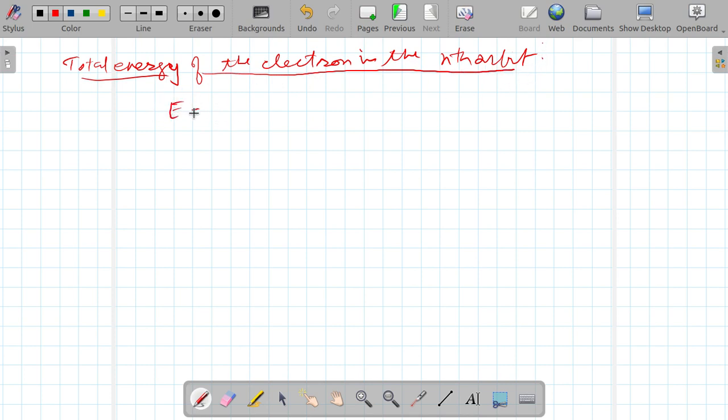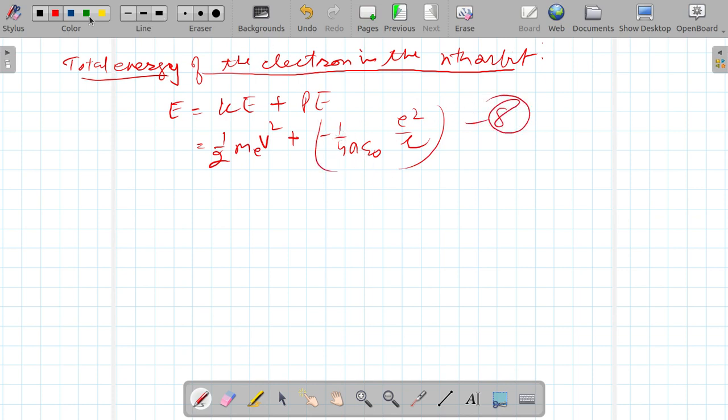So total energy E is nothing but the kinetic energy plus potential energy, and kinetic energy is half m_e v square, minus 1 over 4 pi epsilon naught e square by r. So it is the potential energy, right?